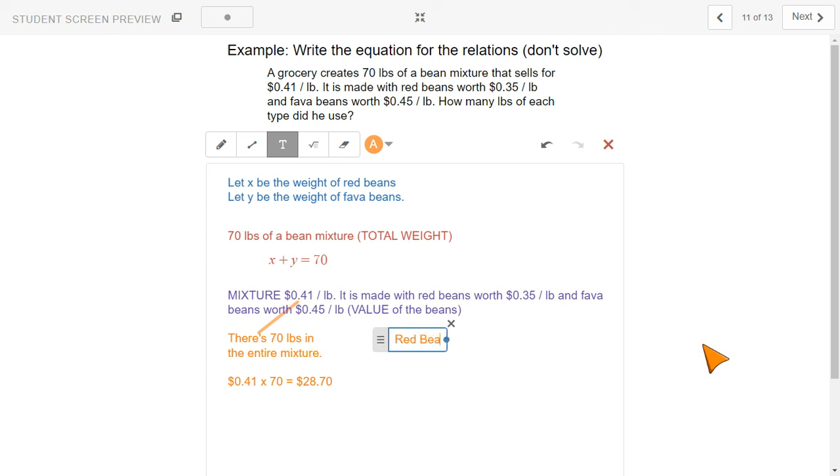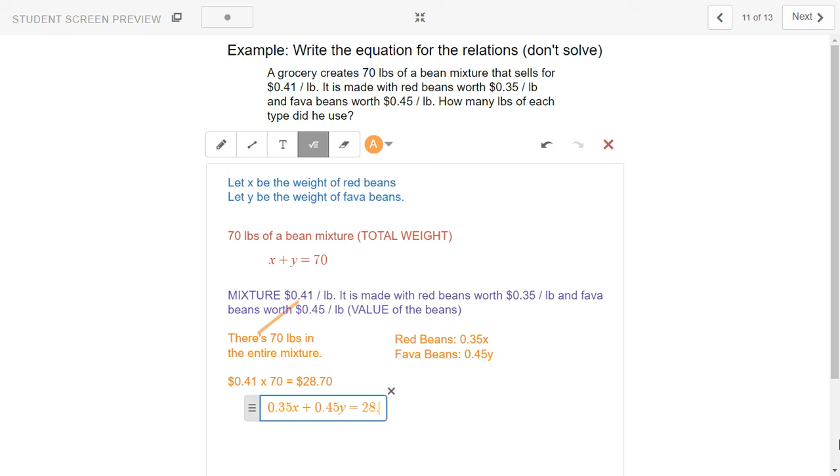So red beans, we have 0.35 times the weight, which is X. Fava beans, we have 0.45 times Y. So as our equation, we would have 0.35x plus 0.45y, and this is equal to 2870. We have our two equations, one for the value and one for the total weight, and now we're able to solve it.